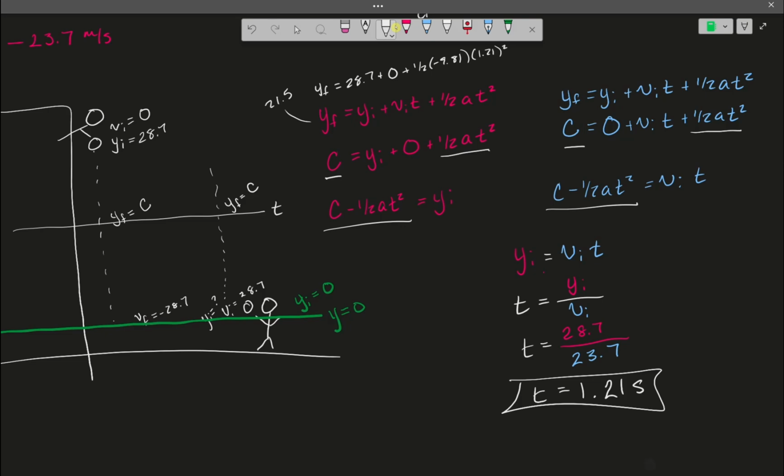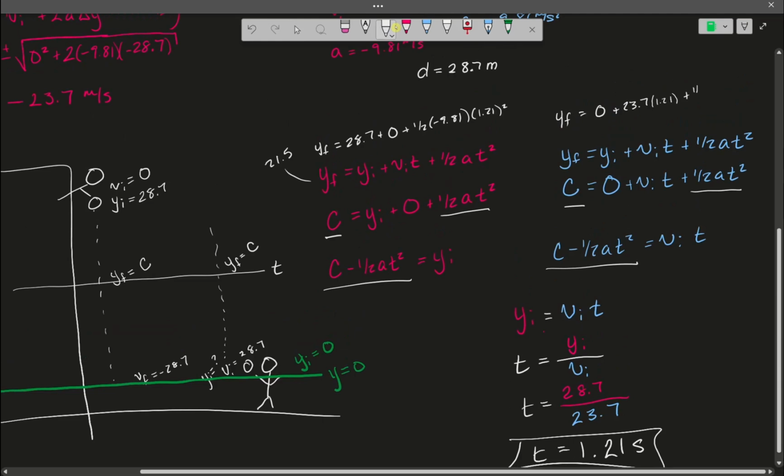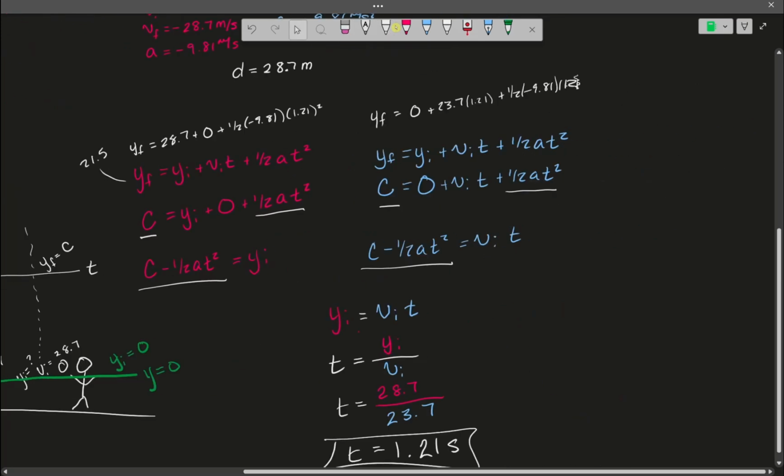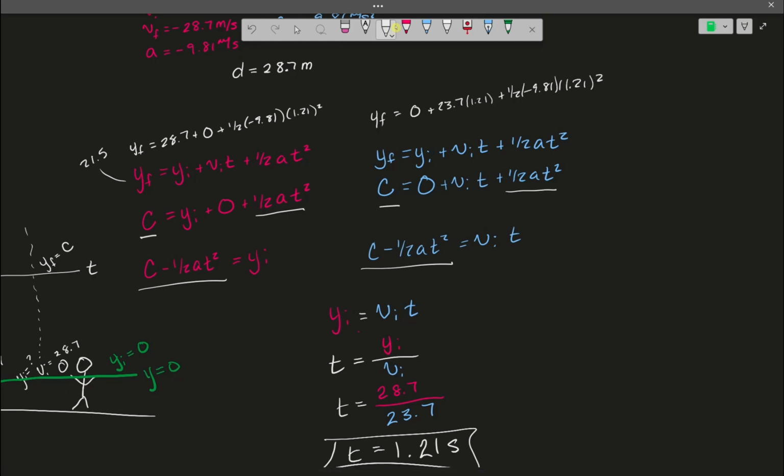And if I do the same thing over here, y final is equal to my initial position was 0, my initial velocity was 23.7 times 1.21 plus 1/2 negative 9.81 times 1.21 squared, and I should get 21.5 again.